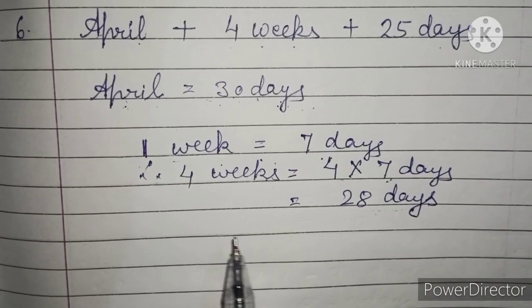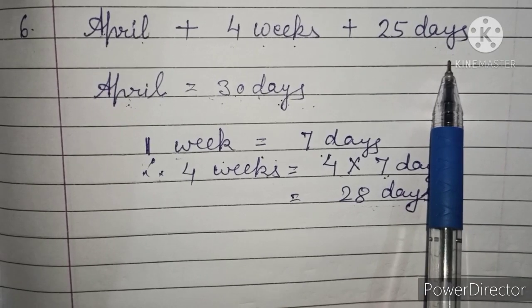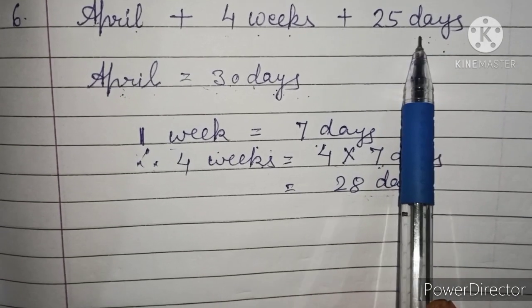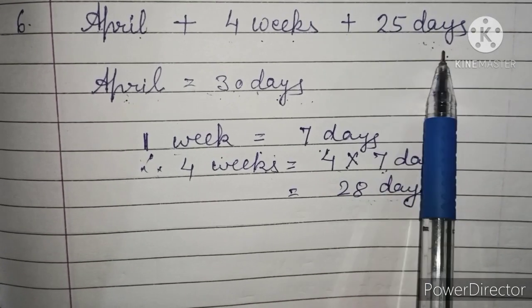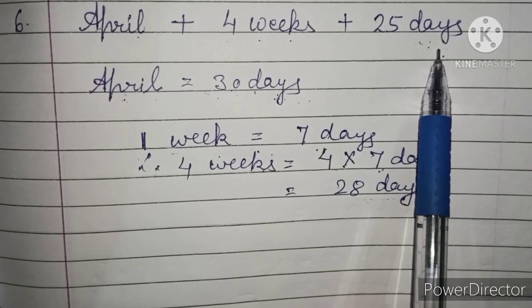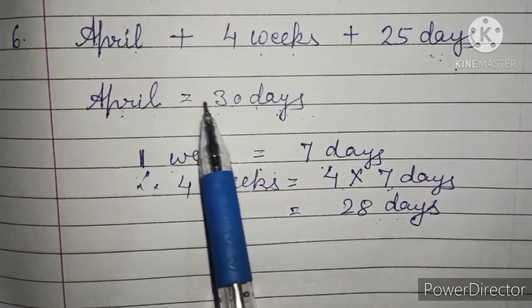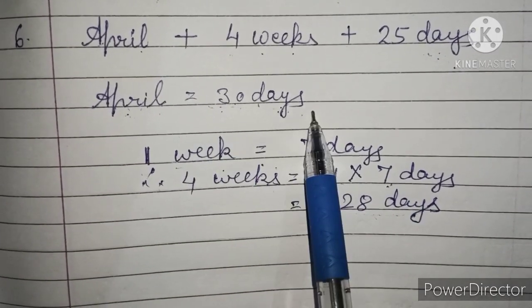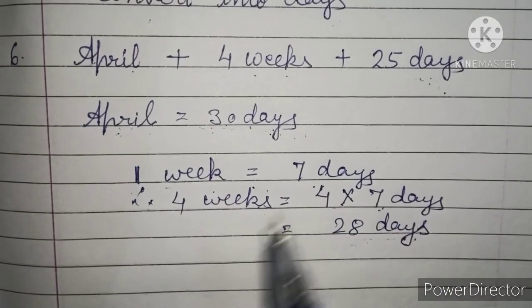Now you can see it is written 25 days. 25 days to convert into days, but it is already in days. So children, we will add 3 numbers: April is equal to 30 days, 28 days and 25 days together.